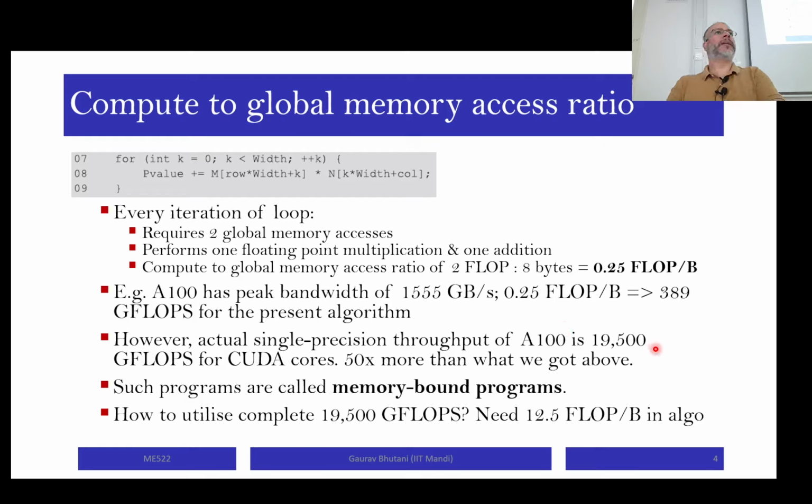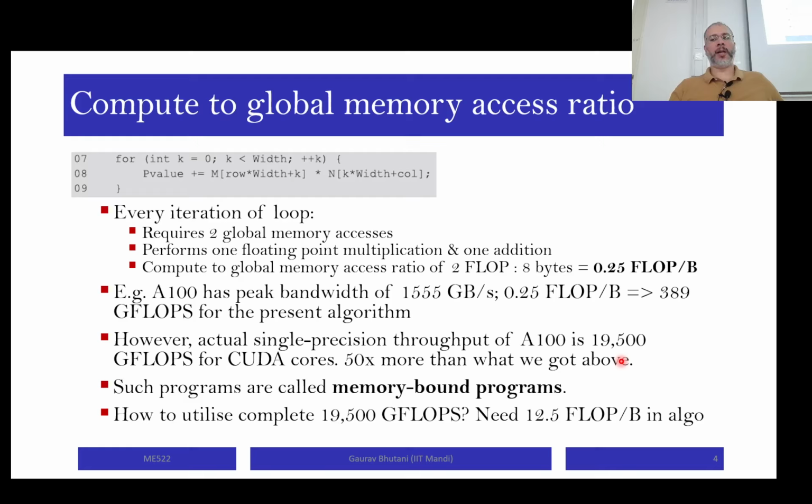But actually if you look at the card specifications of the A100 NVIDIA card, you see that the peak throughput of A100 is 19,500 gigaflops for the CUDA cores it has. So because of this memory constraint, you actually went down 50 times. So that is a huge loss in terms of throughput.